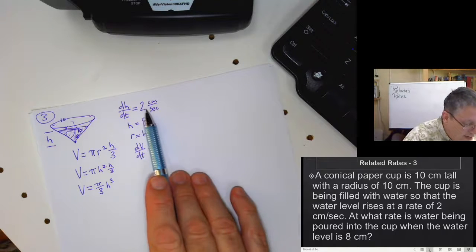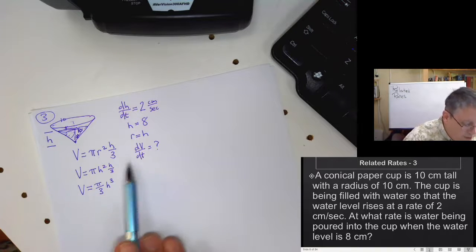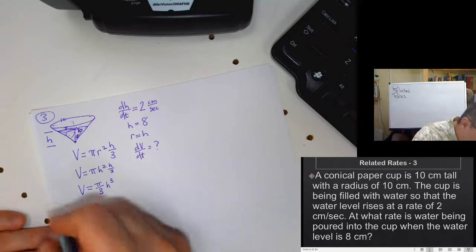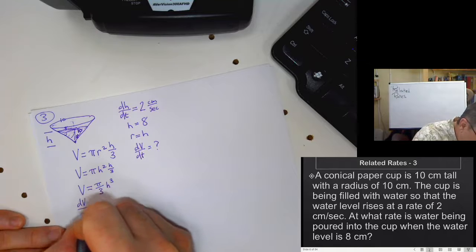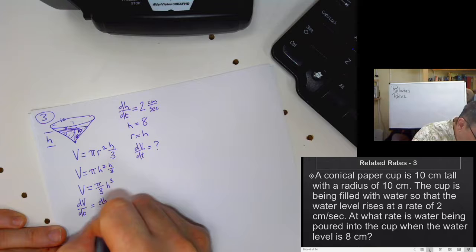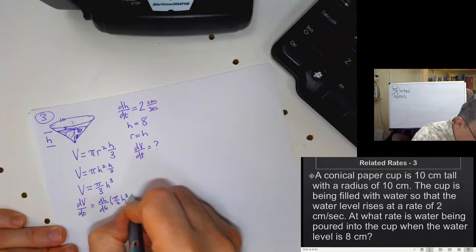If we know the rate of change of height and the relationship of the height to the volume, then we can figure out the rate of change of the volume just by differentiating both sides. So dV/dt equals d/dt of our formula, or equation, whatever you want to call it.